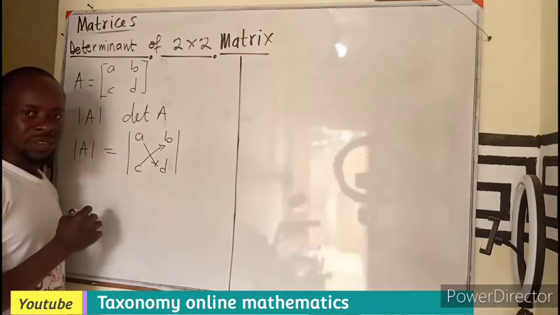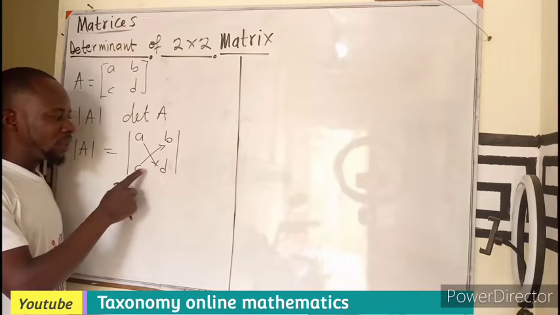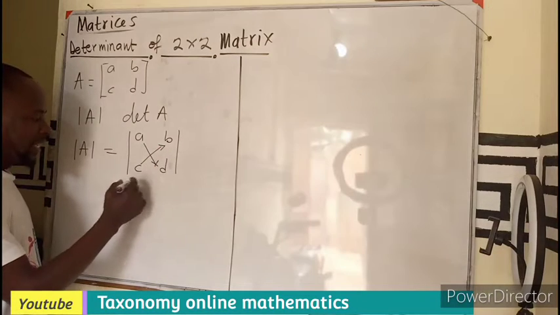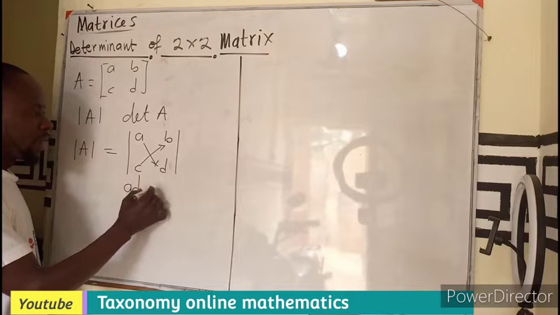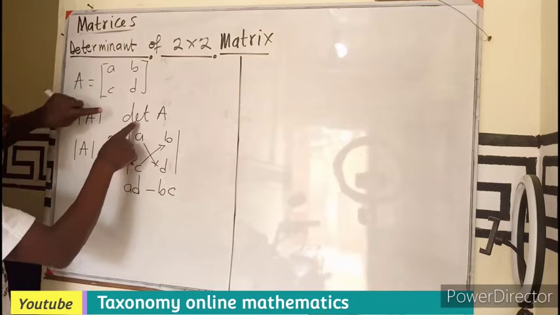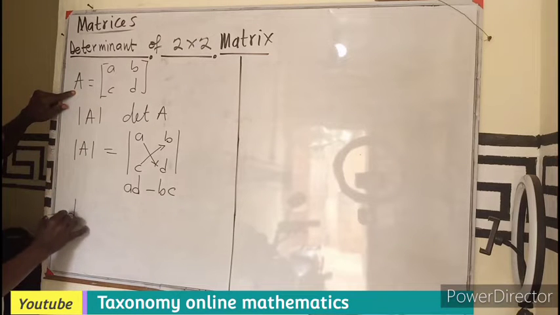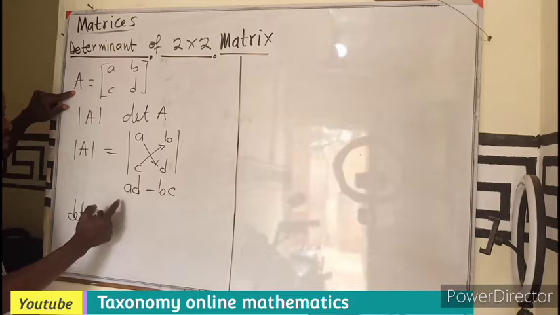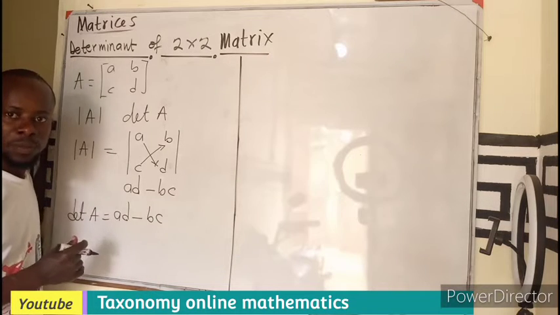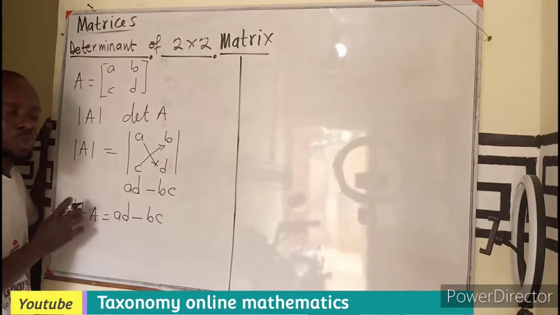So the difference between the product of the leading diagonal minus the other diagonal. So this is going to be ad minus what? bc. The same way, if I'm asked to find the determinant of this, I can say that det A equals ad minus bc. So in all, this is the determinant of a 2 by 2 matrix.